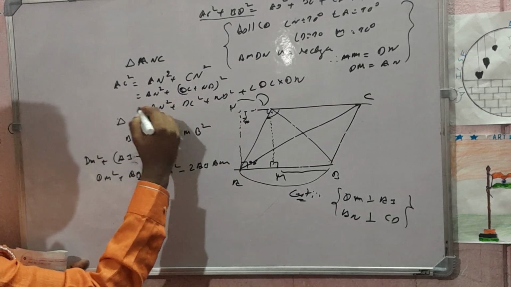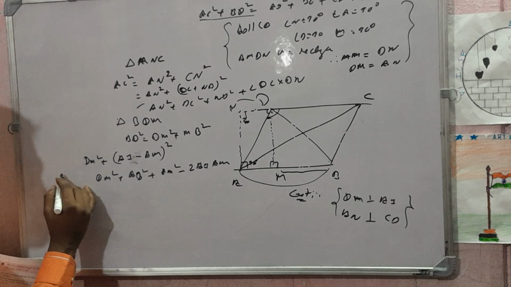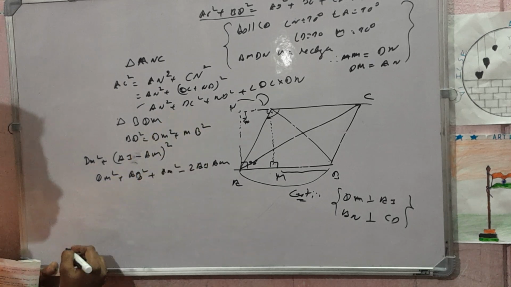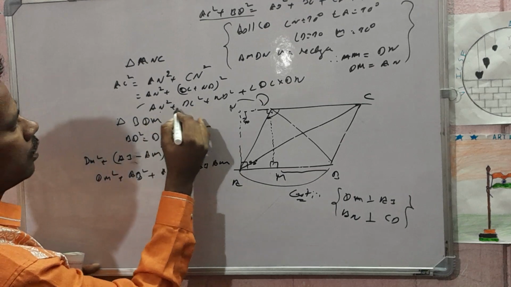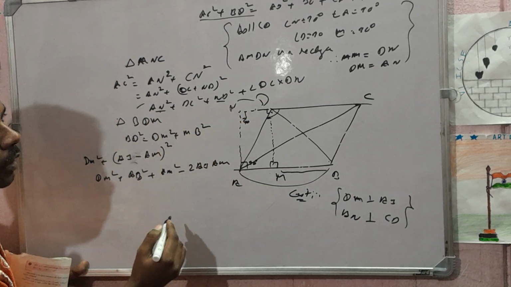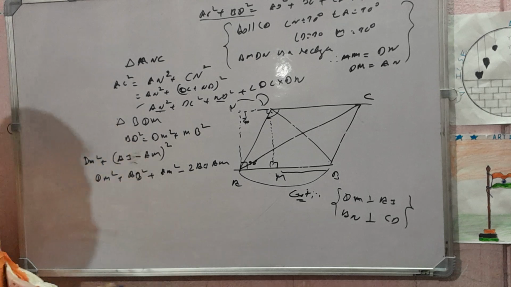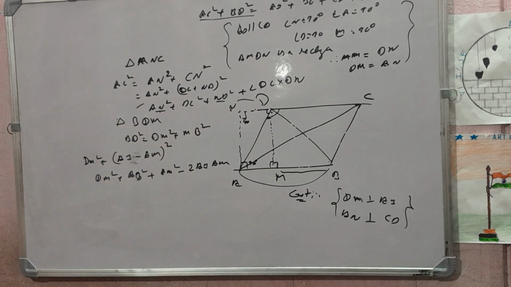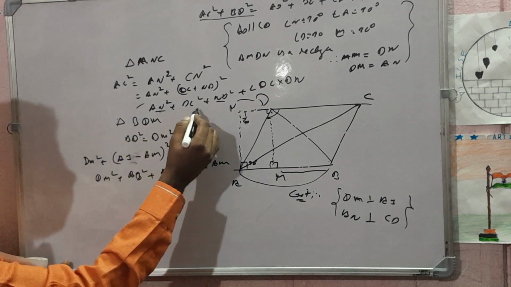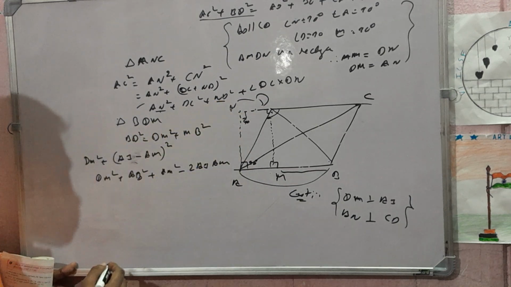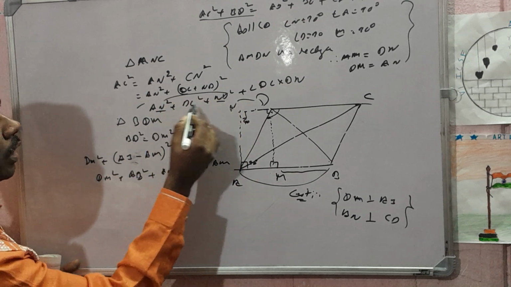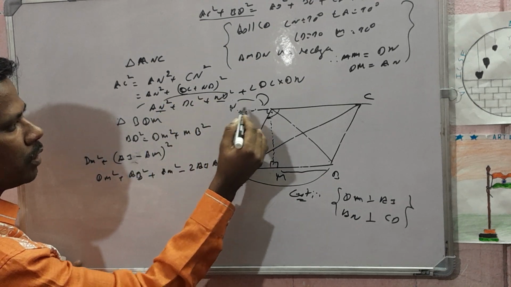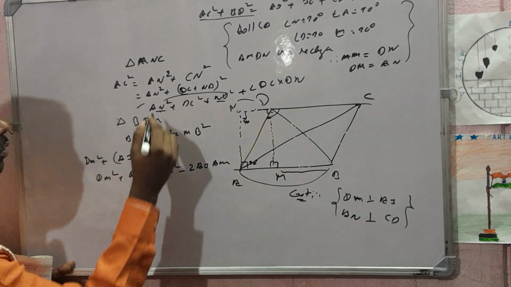Now you have to add this and this, right? What you will get? AN plus ND. So AN plus DN, you see here, AN plus DN square is nothing but AD square.